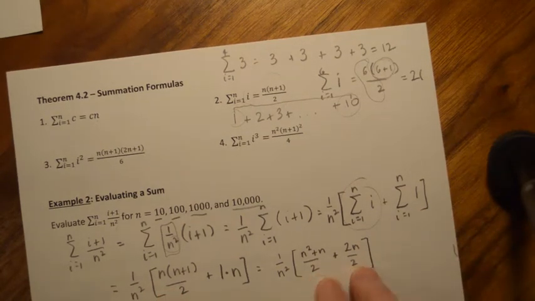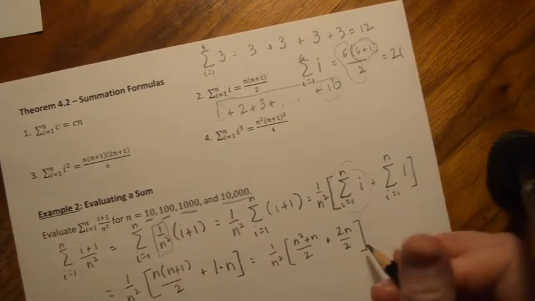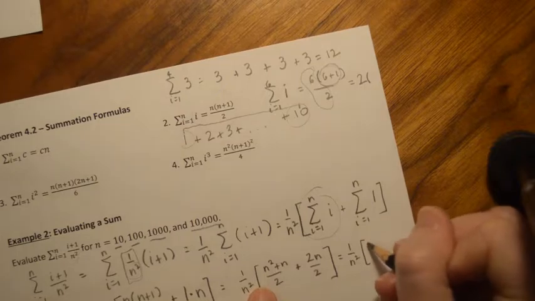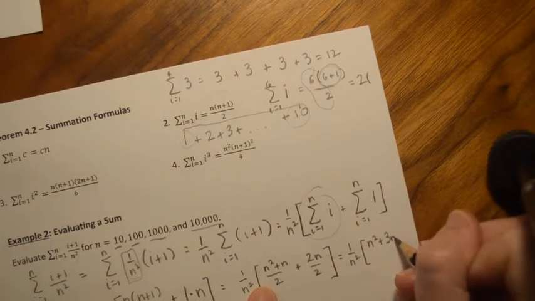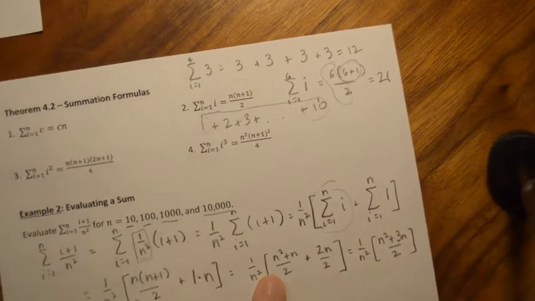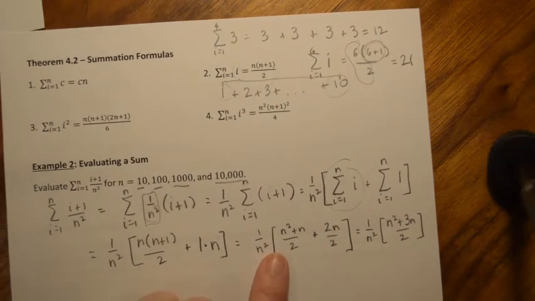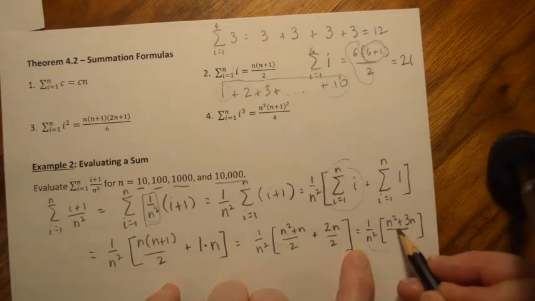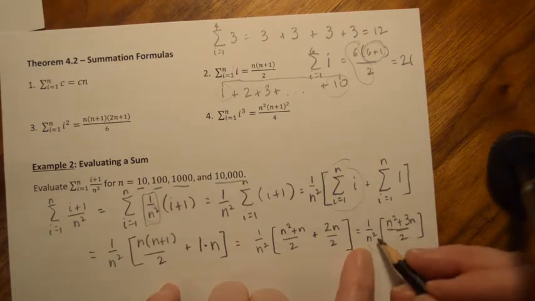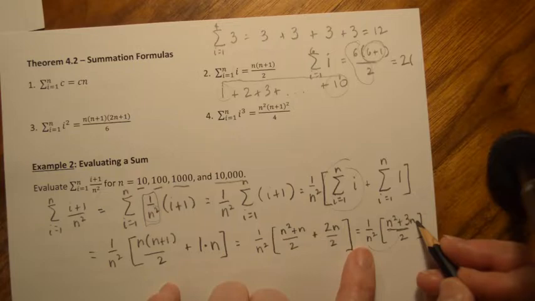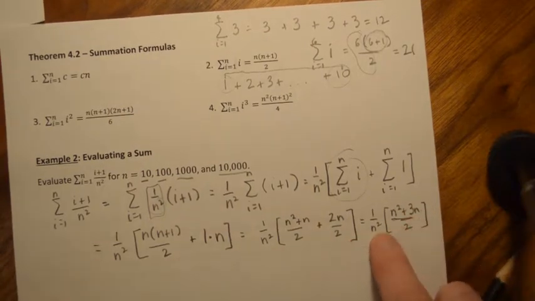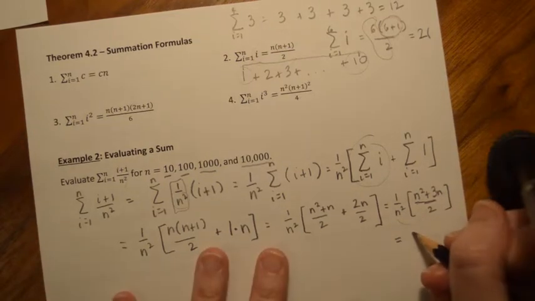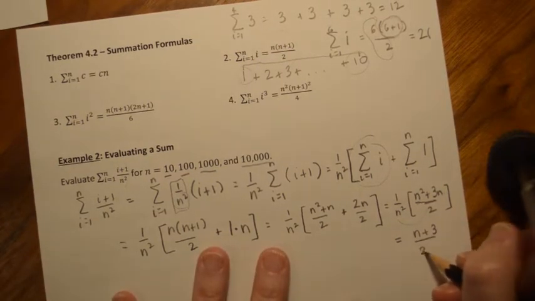And when I combine like terms here, then I end up with 1 over n squared times (n squared plus 3n) over 2. And then when I distribute this through here, I can actually cancel out, there's a common n in both of these terms. So when I cancel that out with this n down here, I end up with a final of (n plus 3) over 2n.